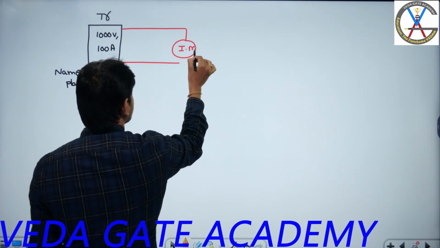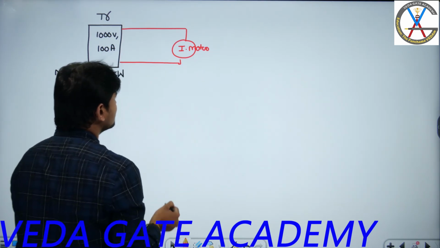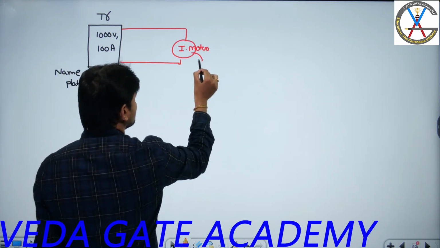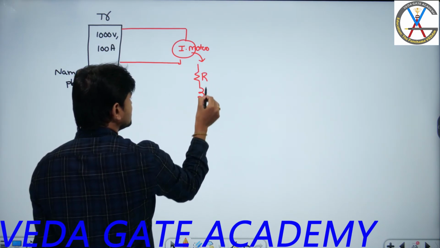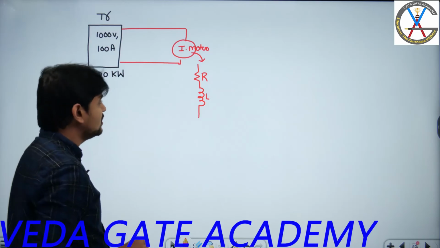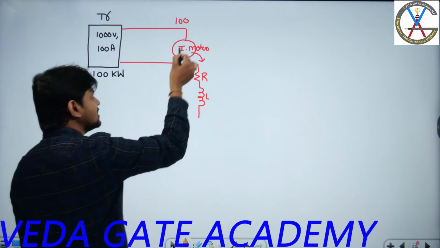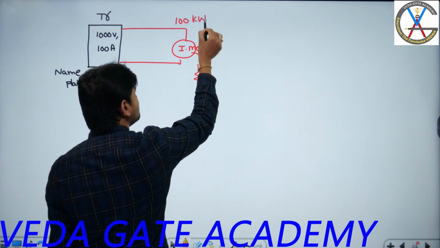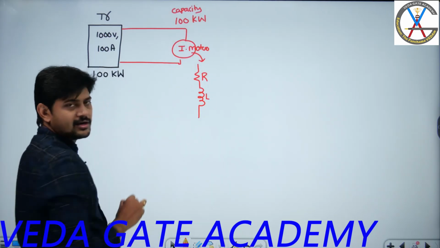An induction motor is a combination of RL load. Because my transformer's maximum capacity is mentioned in kilowatts, I will keep the maximum capacity of the induction motor in mind as the same kilowatts.